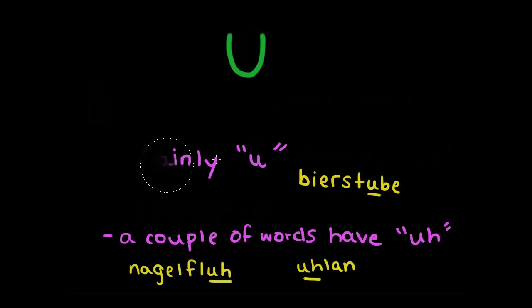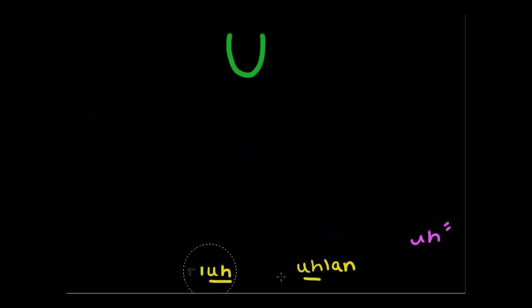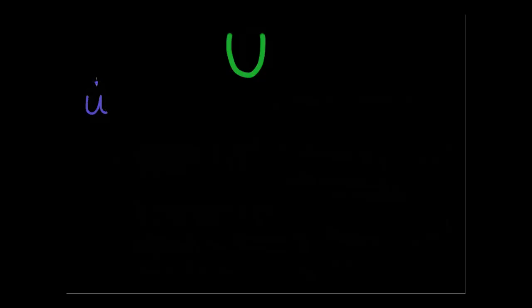Okay, so that's U with two dots, and now we'll take a look at U with one dot, which is pronounced as in book. So U with one dot, and this is also going to be mostly a U. Mostly, or mainly, again, mostly U. Pretty simple again.